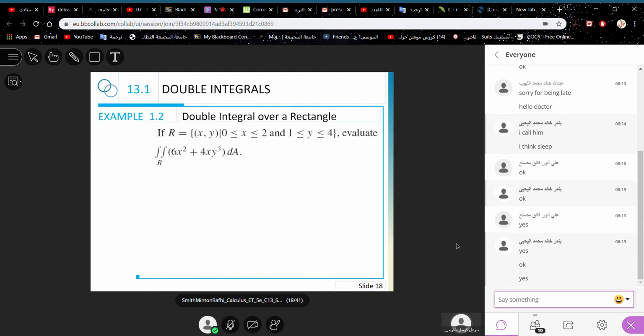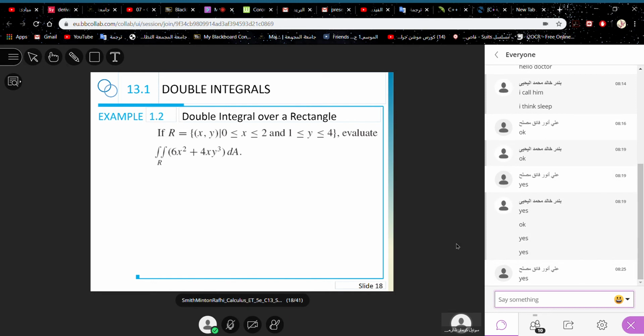Can you see this example 1.2? What type of R is here?